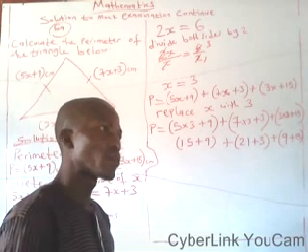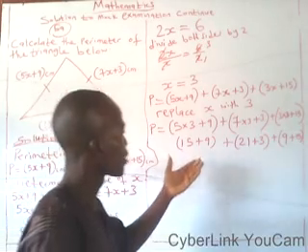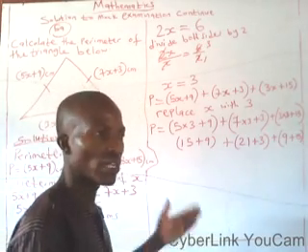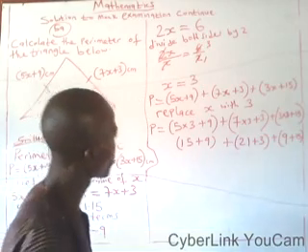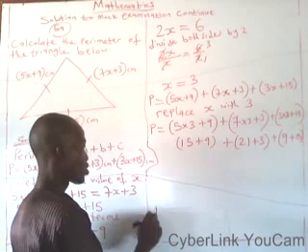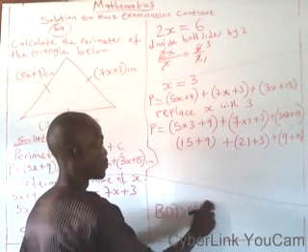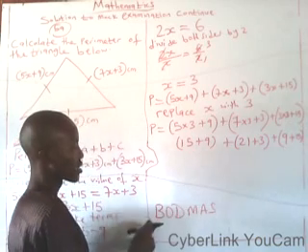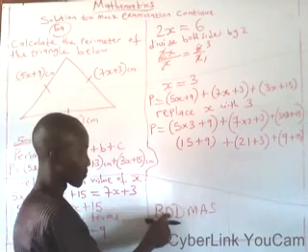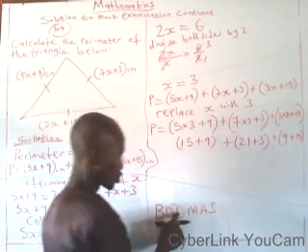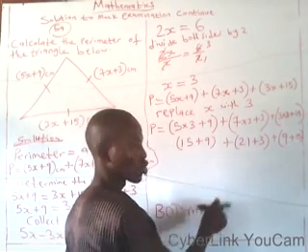That happens as a result of something we call BODMAS. In every mathematical expression you are given, or in every mathematical calculation, always remember that there is something called BODMAS. And in BODMAS, we take it one after the other. This one is brackets, this one is of, this one is division, this one is multiplication, this one is addition, while this one is subtraction.